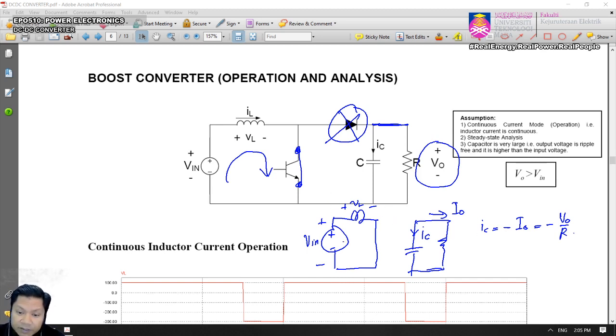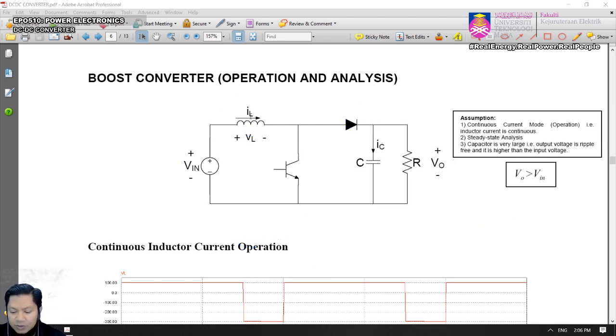From the input side, you have V in plus VL, and therefore, if you take the KVL, you're going to see that minus V in plus VL equals to 0. Therefore, there is an input voltage V in impressed across the inductor, causing the current to linearly increase.